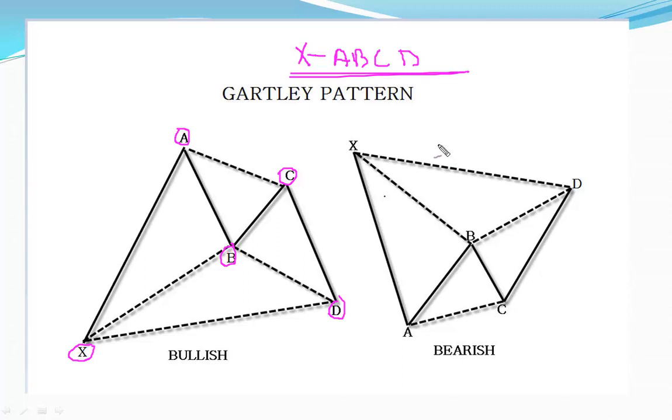So on a Gartley pattern, your X goes up to A. You have a rally from X to A, and then your first retracement down, which is your B, should be a 618 retracement. So this area right here is a 618. So from X low, A, down to B is a 618.